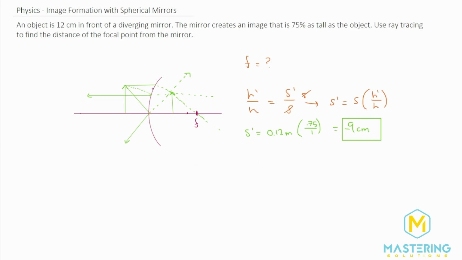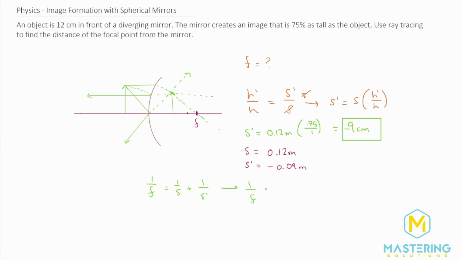So now that we have the object distance, which we know is the 0.12 meters, and now we have the image distance, which we just found is the negative 0.09 meters, we can use the thin lens equation to solve for the focal length, right? So 1 over f is equal to 1 over s plus 1 over s prime.